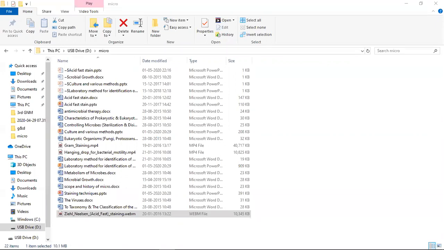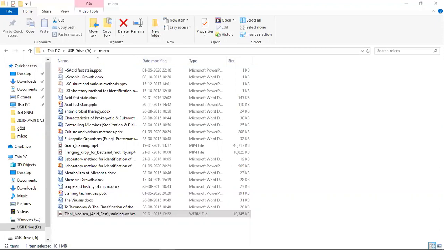So the requirements are glass slides with a fixed smear, a Bunsen flame or spirit lamp, and then staining reagents. The contents are the primary stain carbol fuchsin, the decolorizer acid alcohol, and then the counterstain methylene blue.